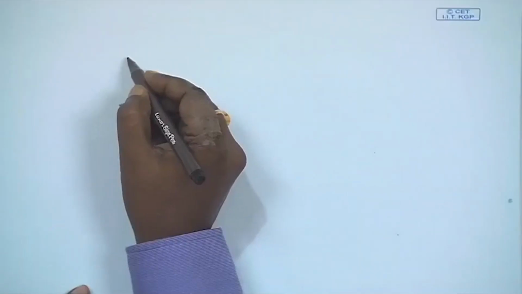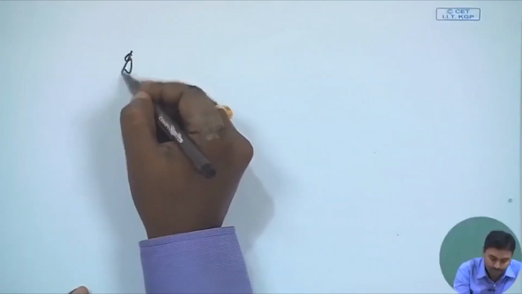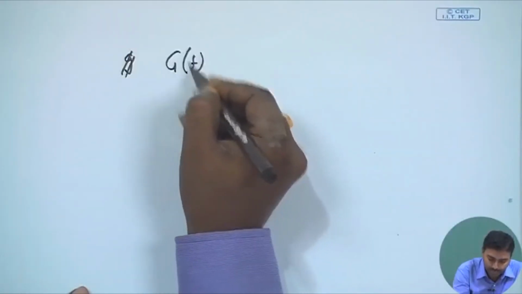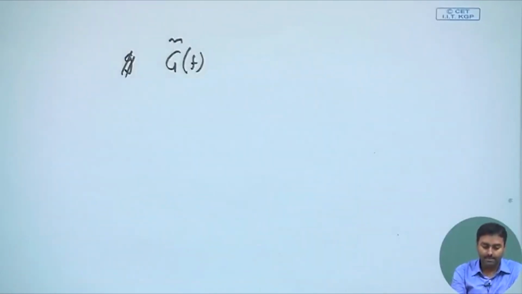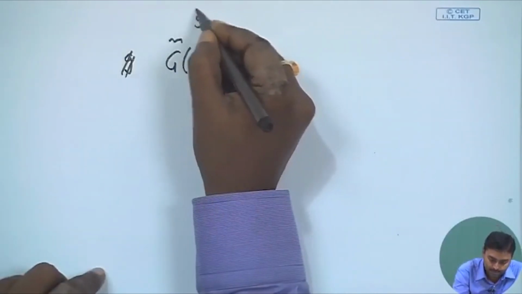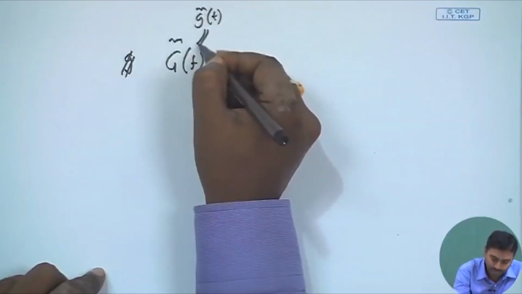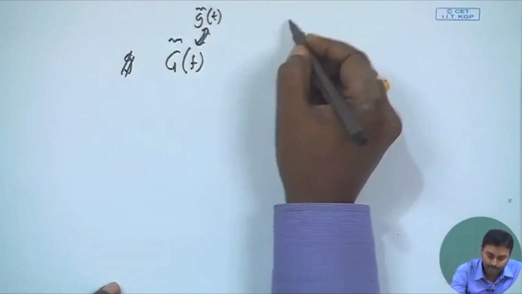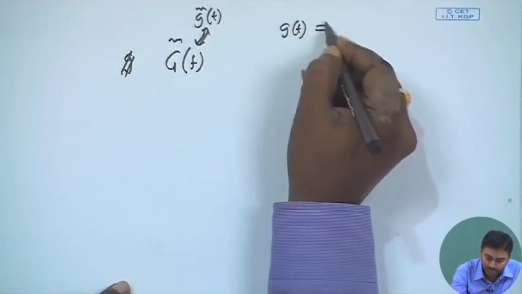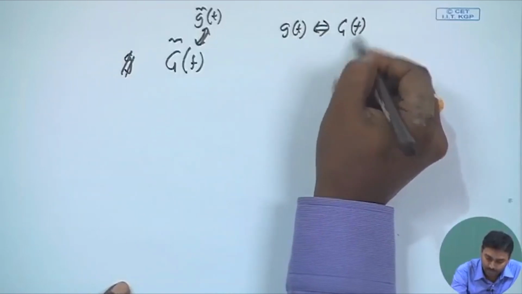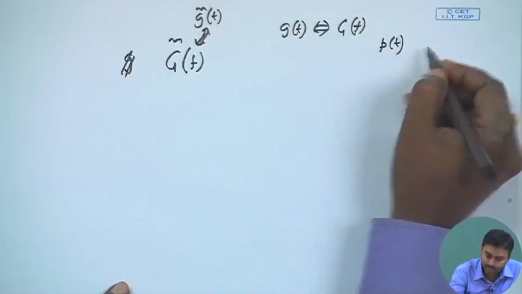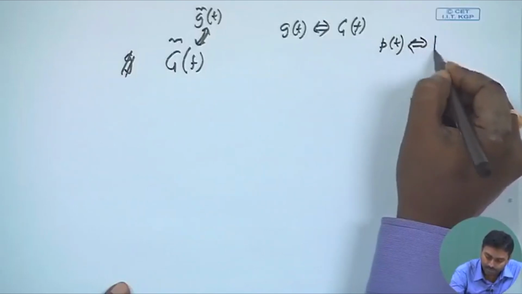Okay. Now if we do the Fourier transform of this, let us write capital G tilde(f) as the Fourier transform of g tilde(t); these are a Fourier pair. We also know g(t) has a Fourier pair G(f), and p(t) has a Fourier pair P(f).